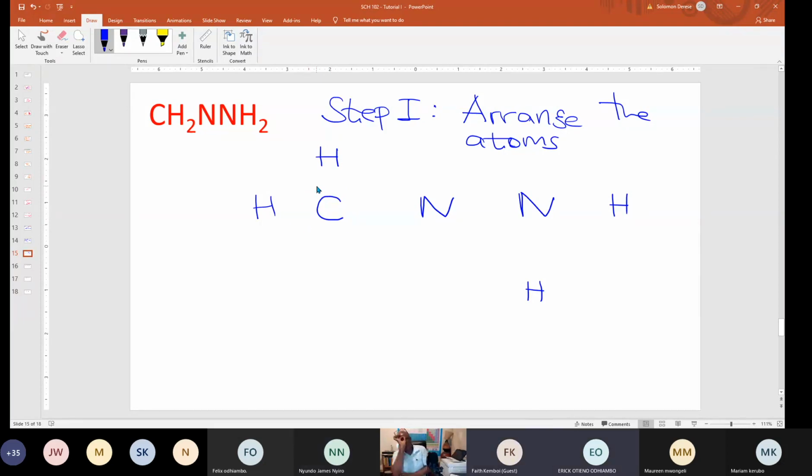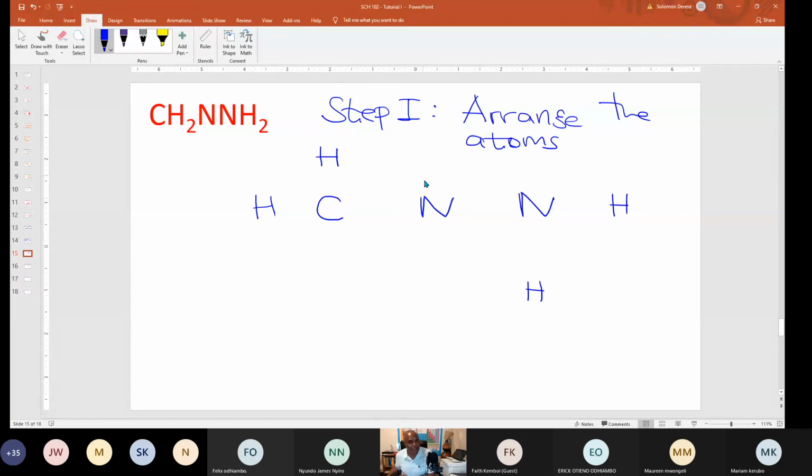Now it is surrounded by less. It is possible that there could be a charge on it. The other possibility is that because of the three bonds, it will get 6 electrons. In order to have an octet, probably it has to form a double bond, in order for it to have 8 electrons. And as you shall see later, there must be a double bond between this carbon and nitrogen.